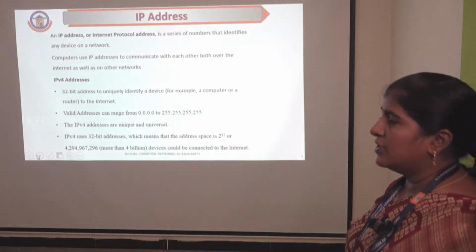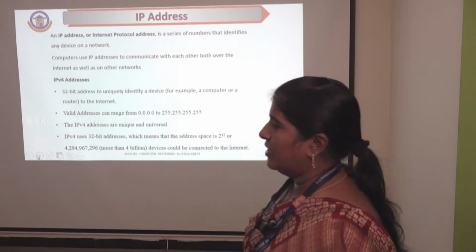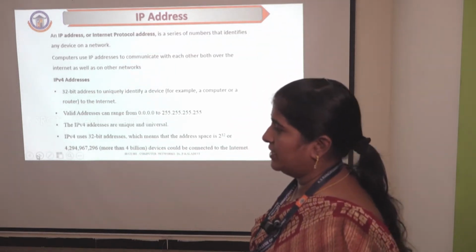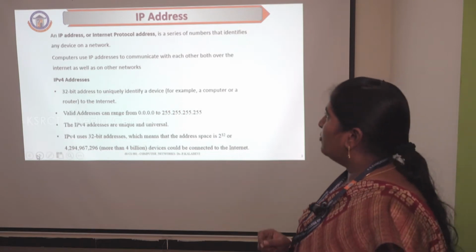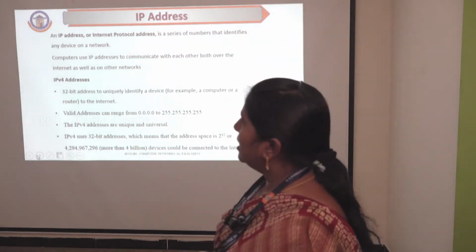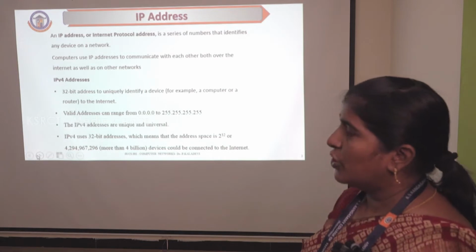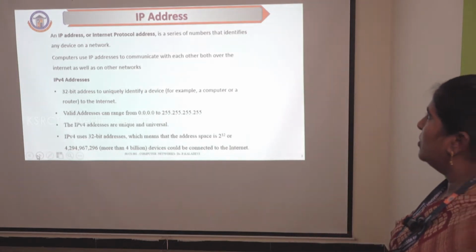We need an address. For example, we can identify a person by using a name and address. Similarly, the devices connected in the network need an IP address to communicate from one device to another device.